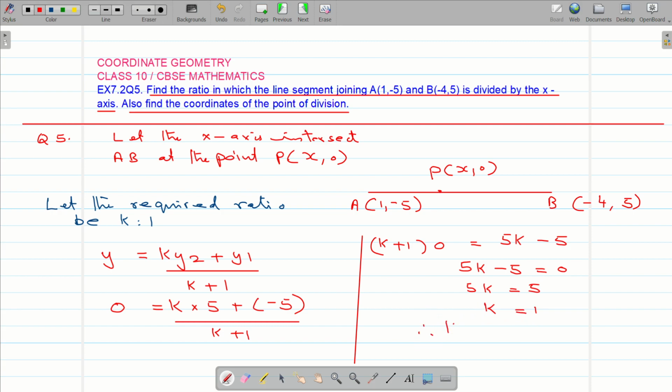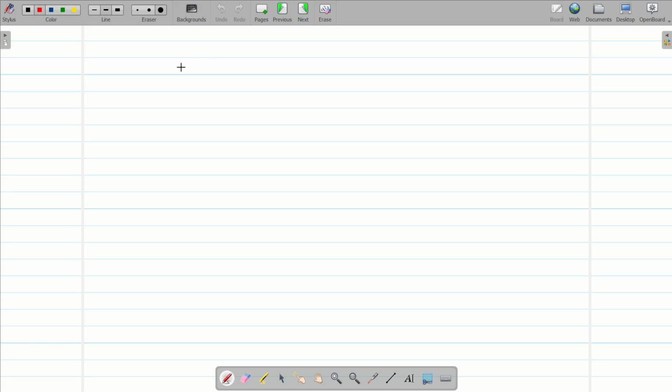Therefore k is to 1 is equal to 1 is to 1. 1 is to 1 means it is the midpoint. Therefore the required ratio is 1 is to 1.